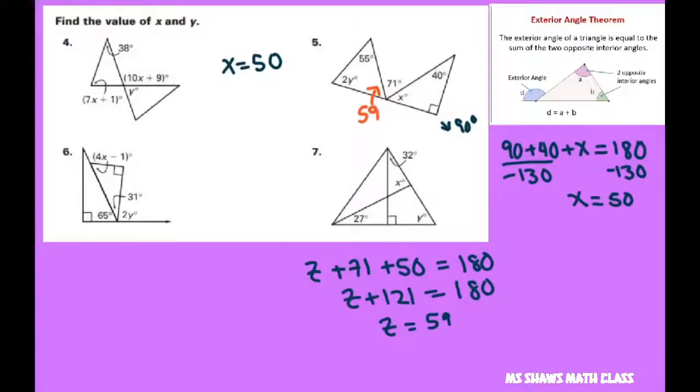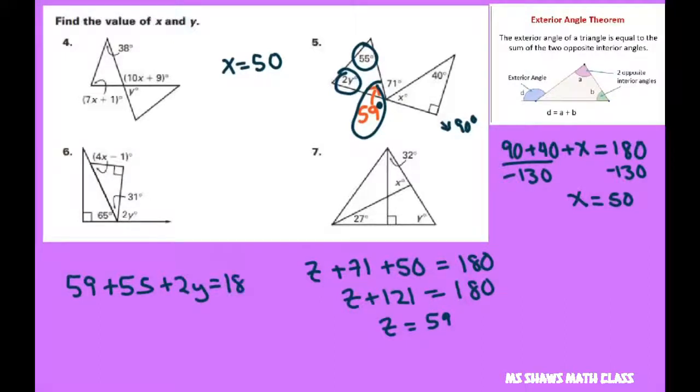Now, to get our y, we're going to add all our internal angles up, and they should equal 180. So we have 59 degrees plus 55 plus 2y equals 180.